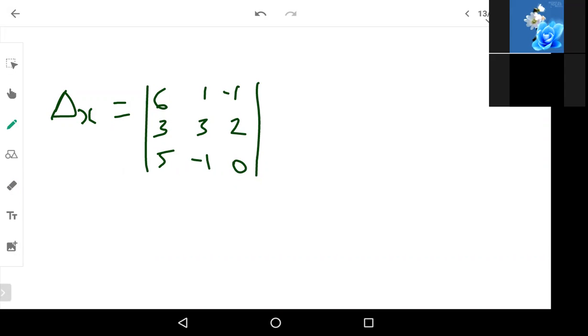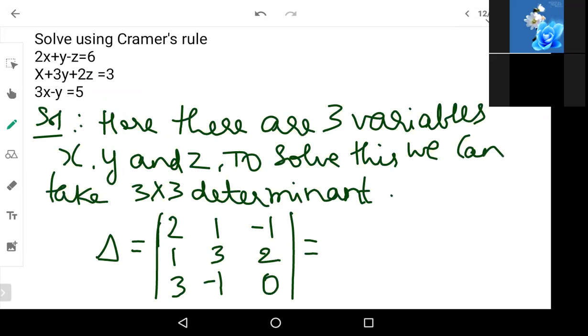Yes, first row, first column. No, no, I'm not asking you to multiply. Are you cancelling first row, first column? If you're cancelling first row, first column, then it is correct. Then after this, you're supposed to take the minor of it.